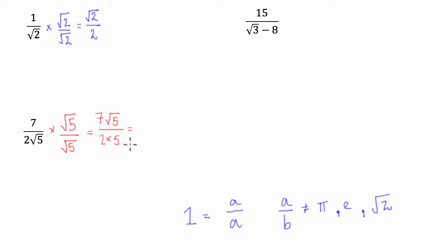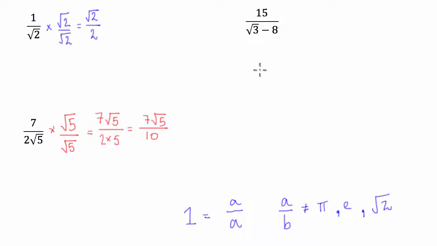Now we can simplify that all by doing the multiplication in the denominator, and we're going to have 10 in the base and 7 square root 5 in the numerator. So you can see again, by multiplying the fraction by 1, or by a fraction where the numerator and the denominator are the same, we're able to get the irrational part of the denominator into the numerator.